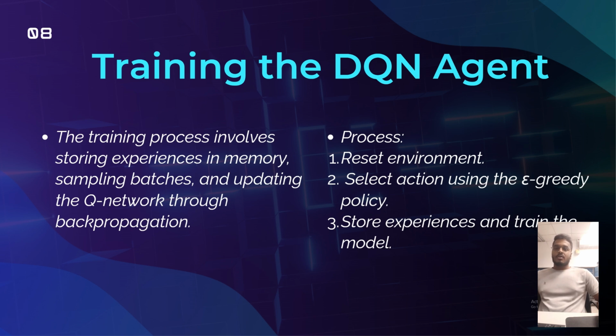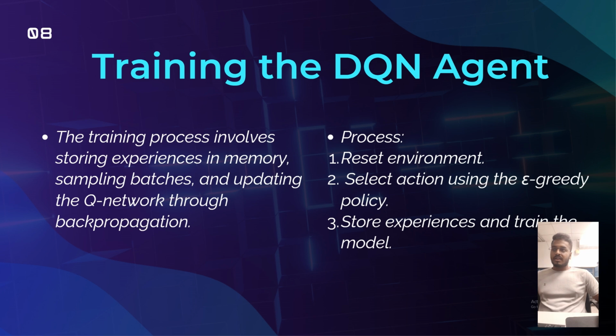The training process involves storing experience in memory, sampling batches, and updating the Q network through backpropagation. The process: reset the environment, select action using the epsilon-greedy policy, store experience, and train the model. The agent was trained over multiple episodes, with each episode representing a complete traversal of the historical stock dataset.